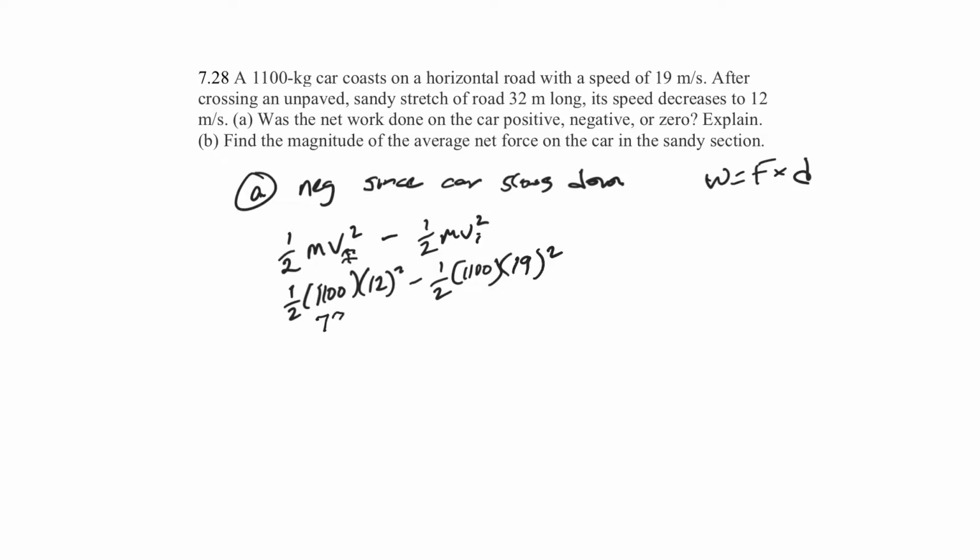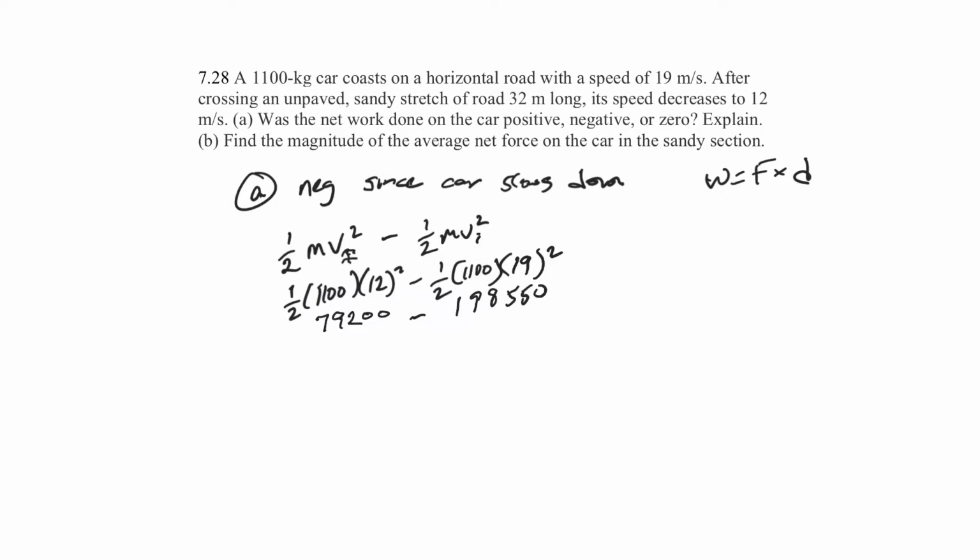Okay. All right, so 1,100 divided by 2 times 12 squared equals 79,200. That's joules. Do it again. 1,100 divided by 2 times 19 squared equals 198,550, and this is subtracted.